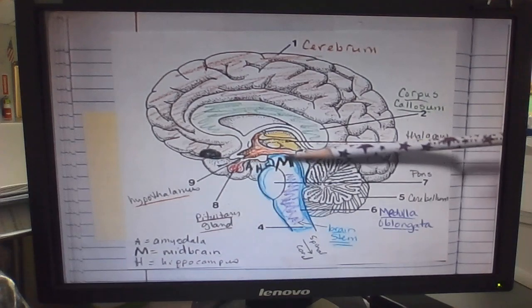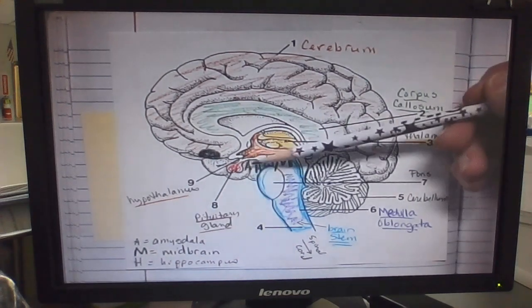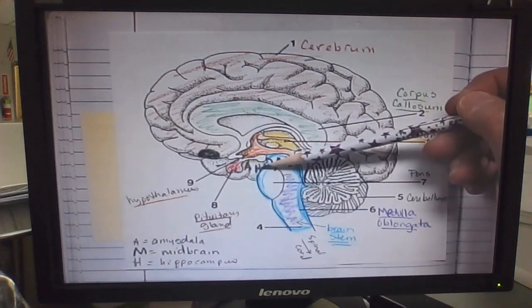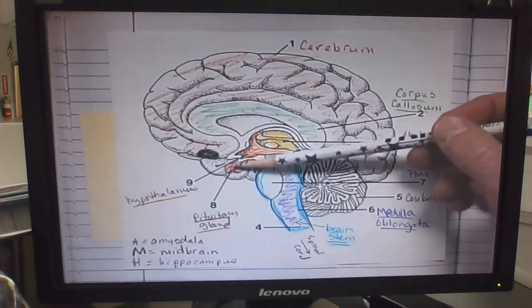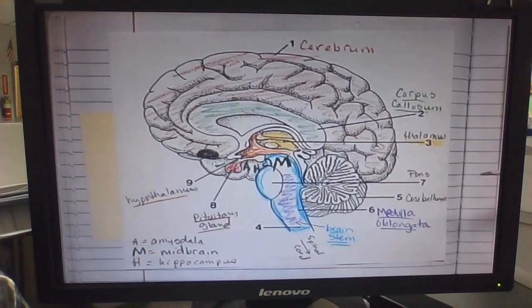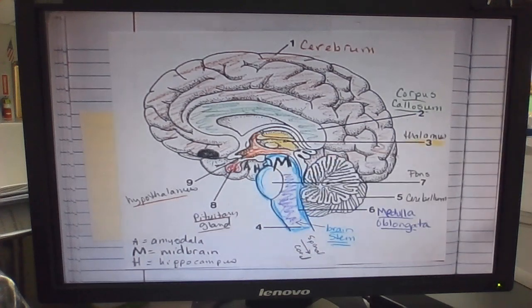I have an M here to represent the area of the midbrain. I have an A for the general area of our amygdala. An H for a general area of the hippocampus. This gland that comes off the hypothalamus is the pituitary gland. This bump, if you will, right here, this represents the pons.